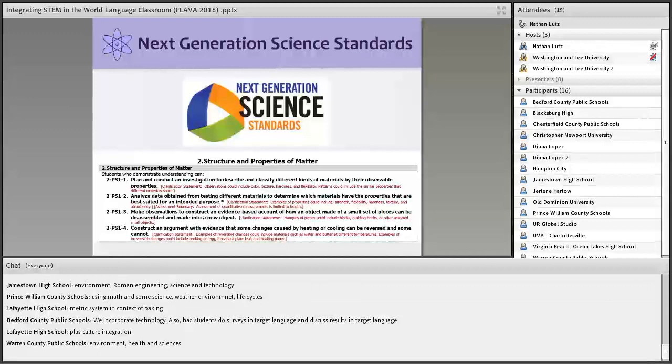So if you look at this, this is a second grade lesson or unit on properties of matter. And so for me, when I'm doing my planning, and we'll talk about my process in just a bit, it helps me understand how I approach it, how I know when it's going to work for my students and when it's not going to work.